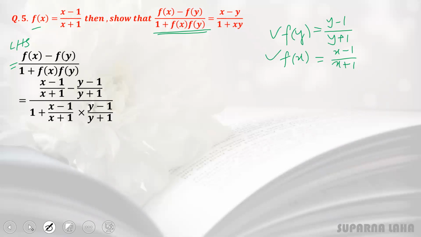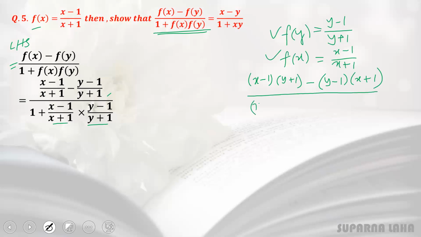Just take this LCM. So (x minus 1) into (y plus 1) minus (y minus 1) into (x plus 1). This denominator will cancel, (x plus 1)(y plus 1). Here also the same factor is there.